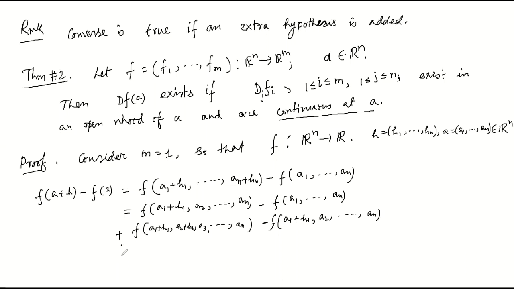In this way the last term is f of a plus h, that means a1 plus h1 and so on an plus hn, minus f of a1 plus h1 comma and so on a n minus 1 plus h n minus 1 comma an.